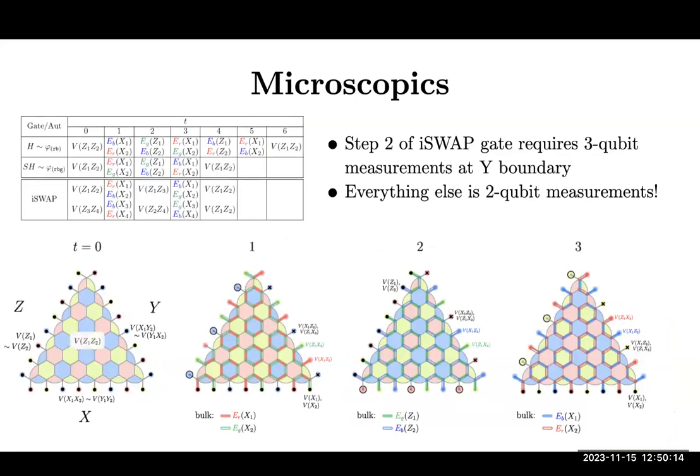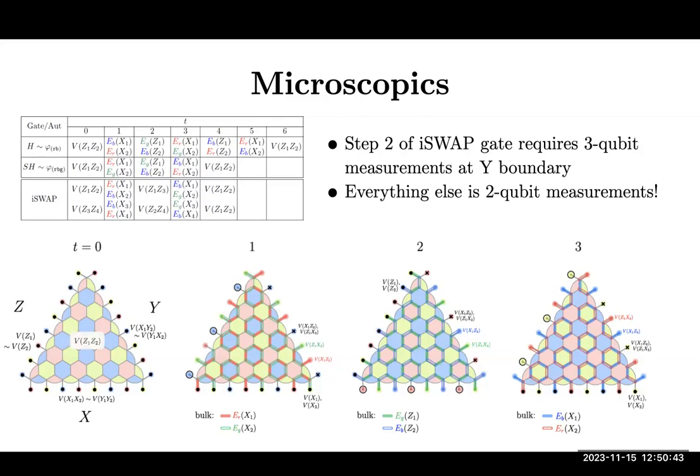In the paper, we figured out all these microscopics. I won't bother you with the details, it's quite horrific, but the take-home message is that all of our measurements are still 2 qubit, except at one of the steps on one of the boundaries for this entangling gate where we need 3 qubit.